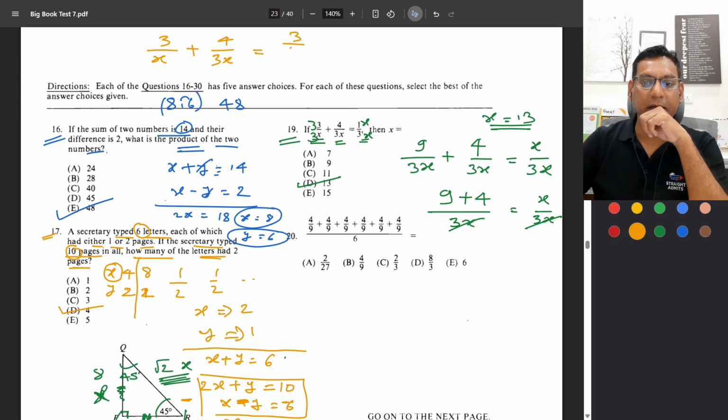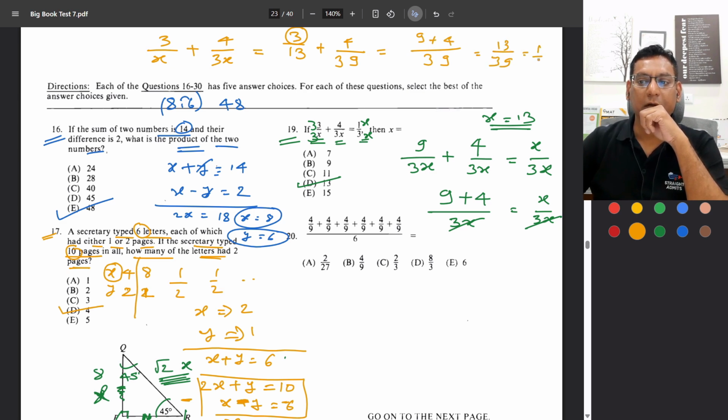So I get 3 by 13 plus 4 by 13 3s are 39. What does that come out to be? 39 at the bottom. This has to be multiplied by 3, so this has to be 9. 9 plus 4, that is 13 by 39. I get 1 by 3. Yes, verified. So the answer has to be answer choice D.